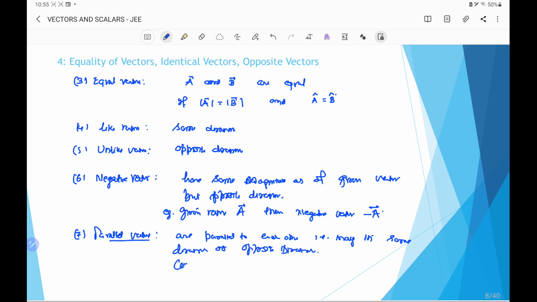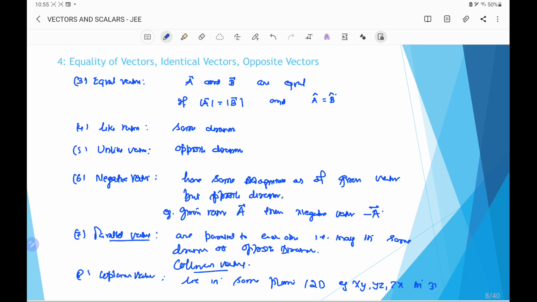They are also called collinear vectors if they are along the same line. And coplanar vectors are the vectors which lie in the same plane, and the plane is two-dimensional. For example, xy plane, yz plane, zx plane in a three-dimensional coordinate system.